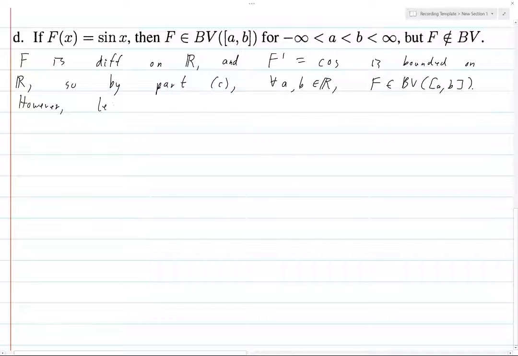However, let x_k equal k pi over n for k in the natural numbers. This does not include 0. Then for all n in the natural numbers, we have the sum from 1 to n of, nope, this is not going to be a long string of computations.